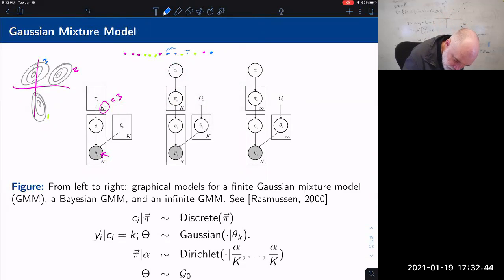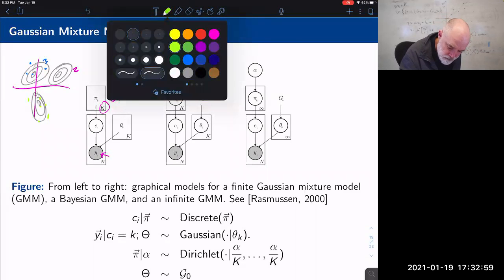We have 4 of these points, so we draw 4 points from those clusters, and we draw 1, 2, 3, 4, 5 points from this cluster, and I don't know, 4, 5 points from the other one.